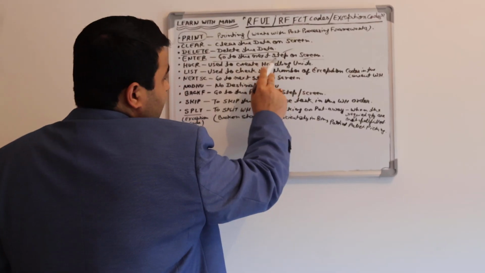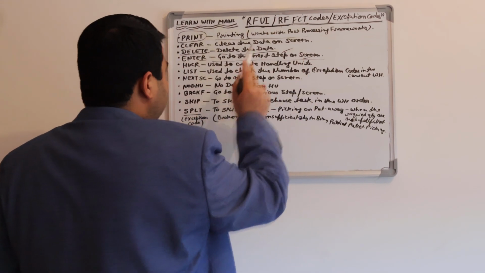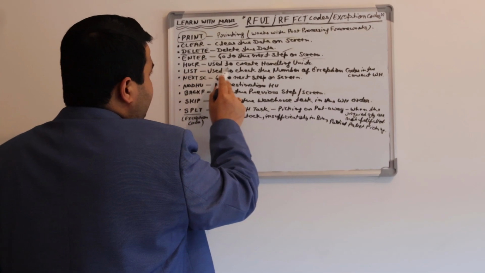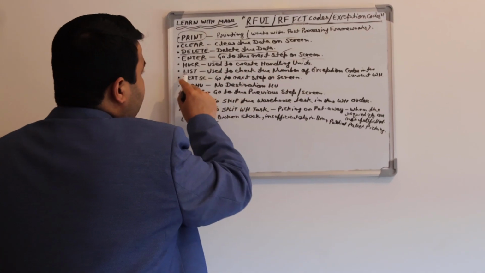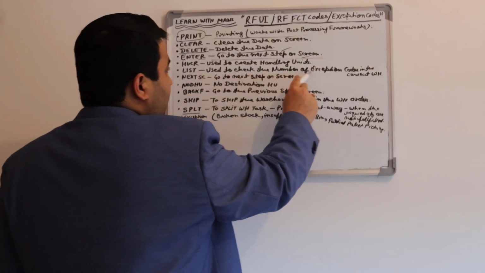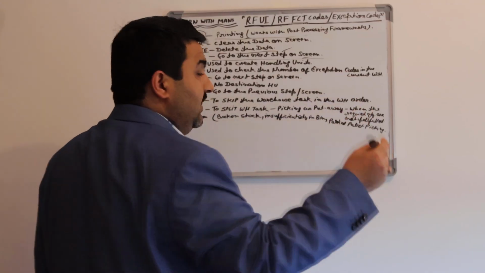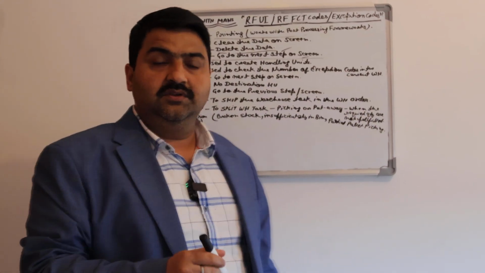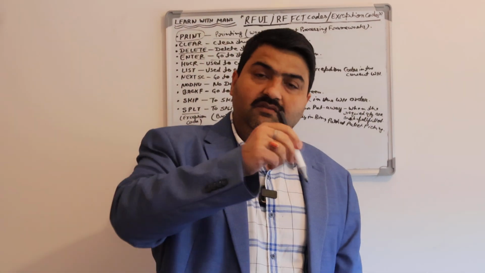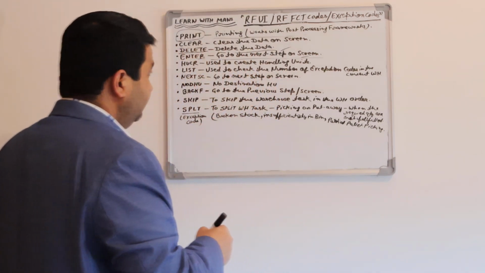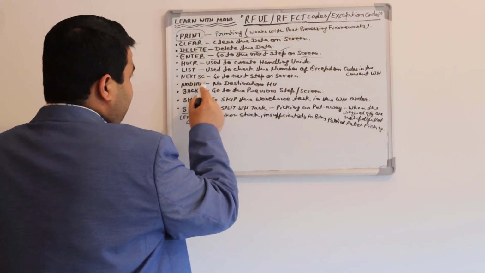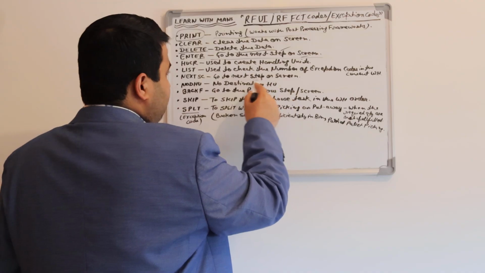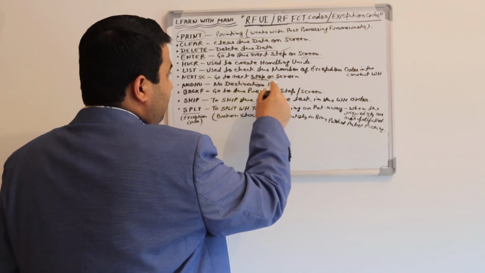That's why I have written here step or screen. HUCR is used to create the handling unit. LIST is used to check the number of exception codes in the current warehouse in which I have logged in right now. Next, SC means go to the next step or screen.